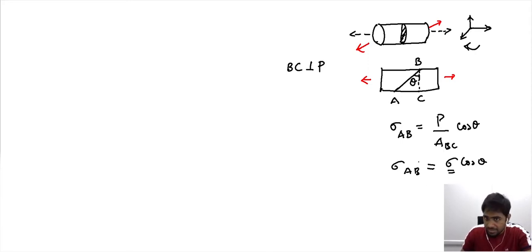So the stress experienced by AB is a portion of the stress that is experienced by the BC region that is perpendicular to the loading direction. Within this given sample, it is the area BC that experiences the maximum stress, and all the other stresses are a portion of it.